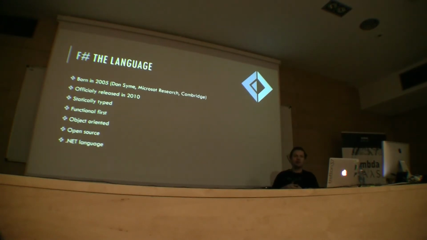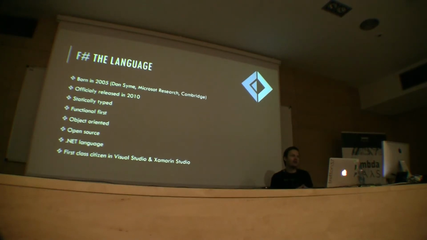It's also a .NET language. Why this is important is that you can start using F# with your existing .NET code, written in C# or VB.NET, and you don't have to rewrite all the stuff from scratch. You can just start writing some modules in F# to include in your organization. You don't have to go very deep with it. It's a first-class citizen in Visual Studio and also Xamarin Studio.